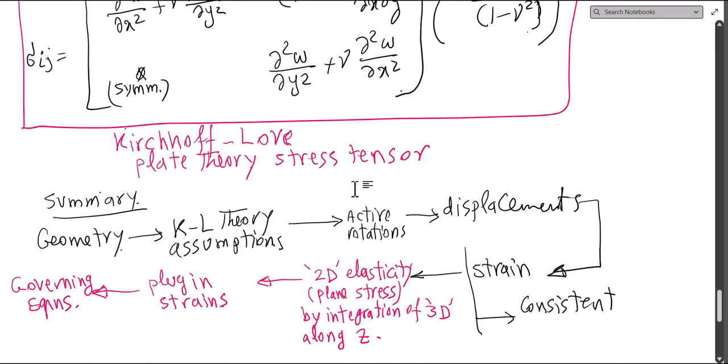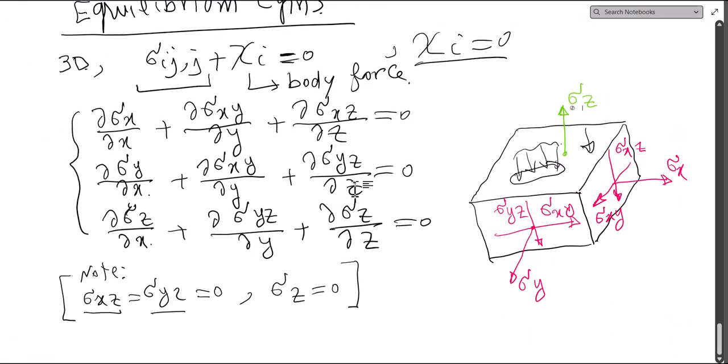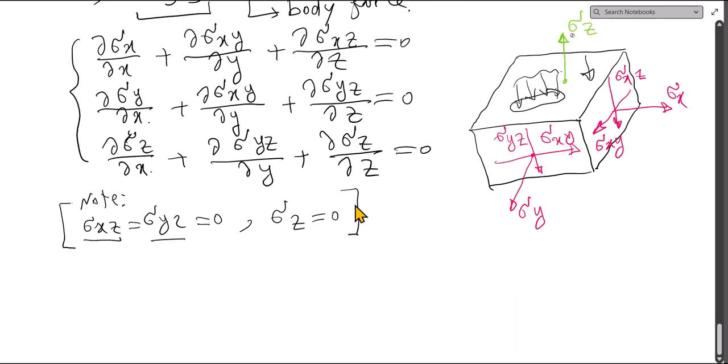We will integrate these equations and then use some quantities that represent these stresses. We call them intensities sometimes. These quantities are basically the integral of these stresses, and then using that we will get to the final answer.